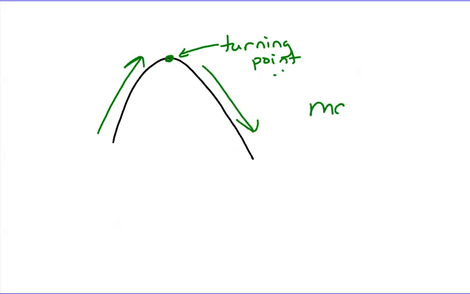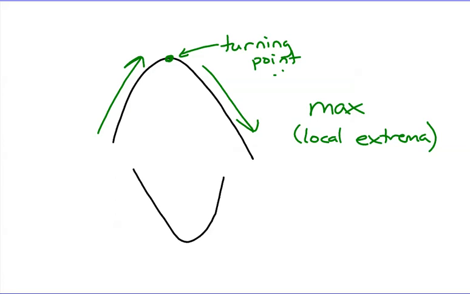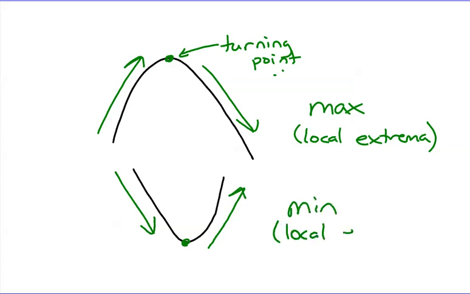So obviously, you guys know this already. That's going to be a maximum, which is a type of local extrema. Now if I was talking about a minimum, you still have your turning point. This is going from a negative slope to a positive slope, and therefore this is going to be a min, which is also a local extrema.